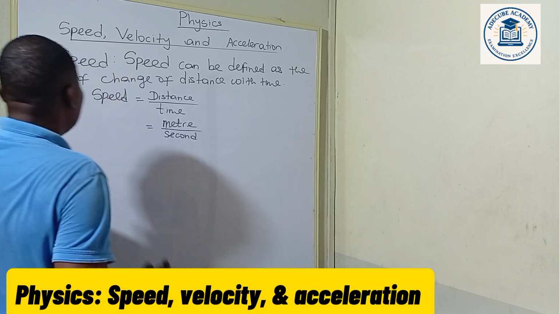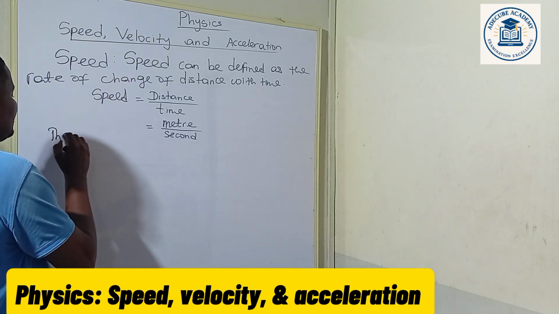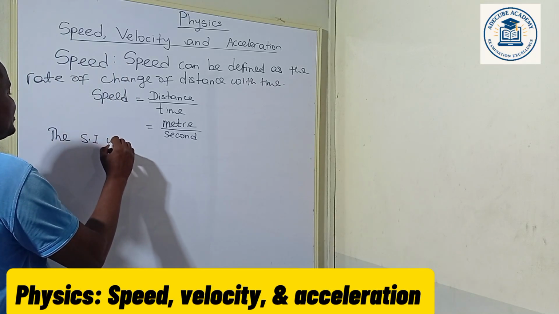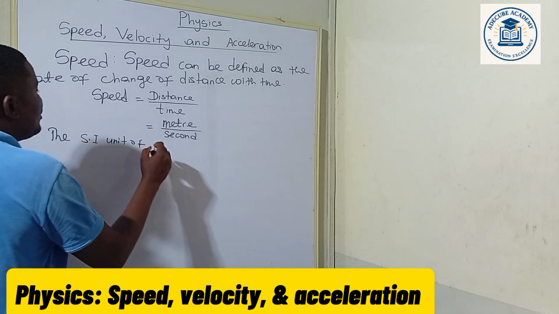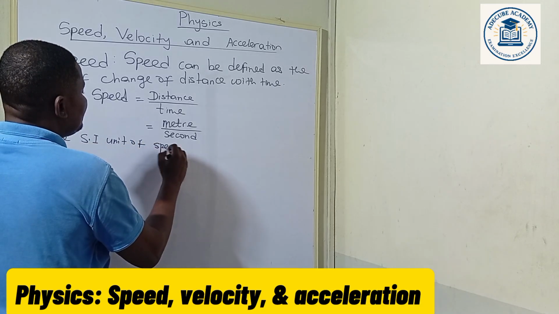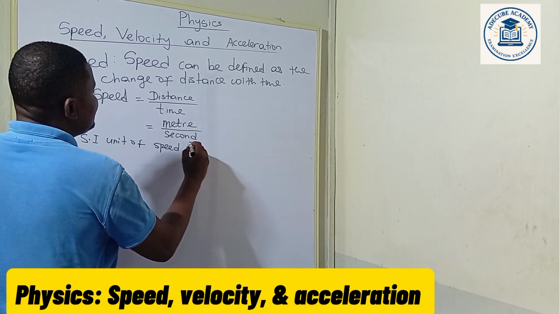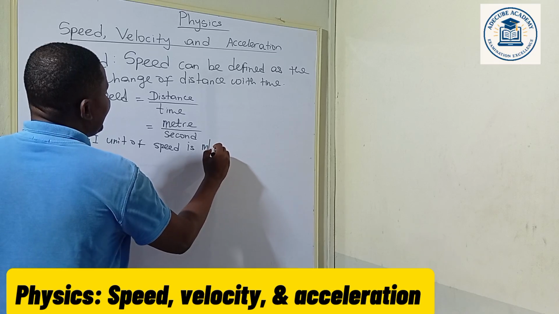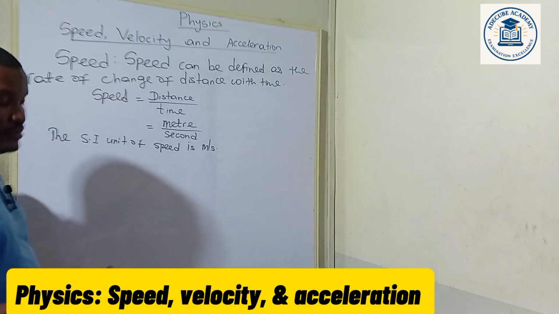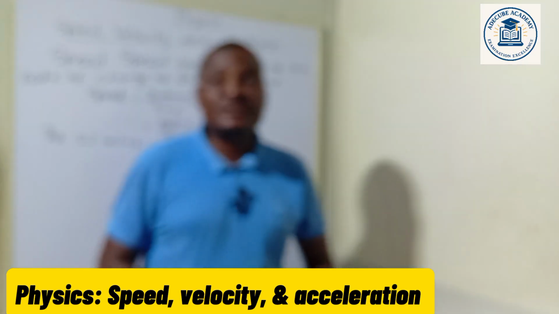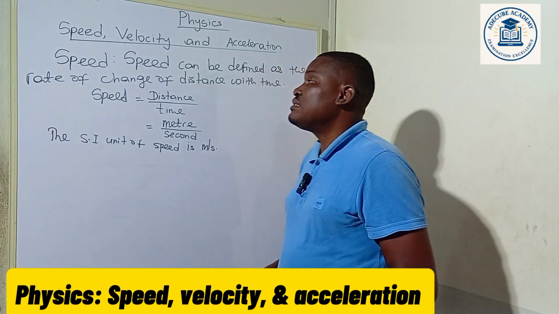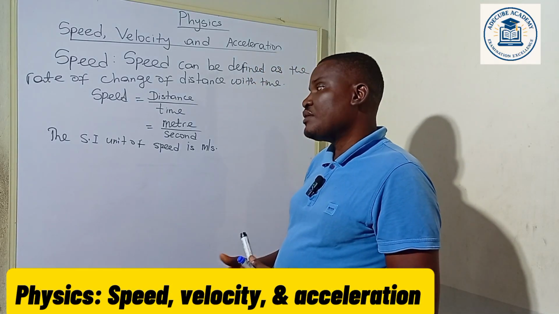So, the SI unit of speed is meter per second.